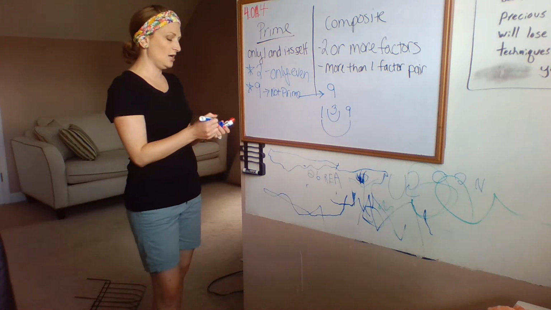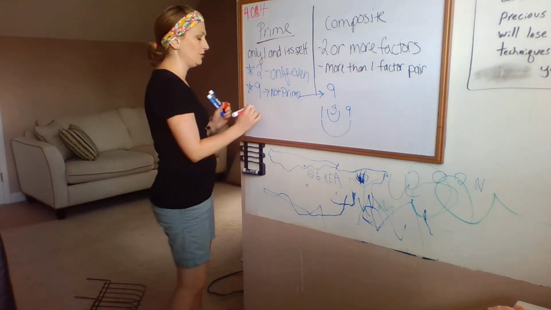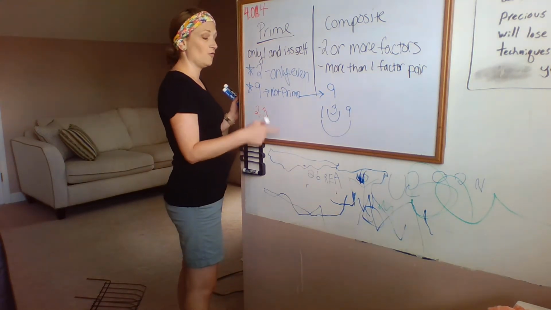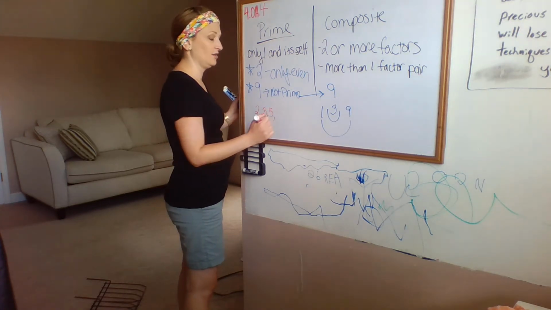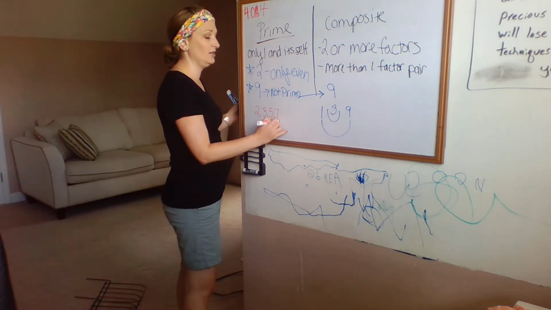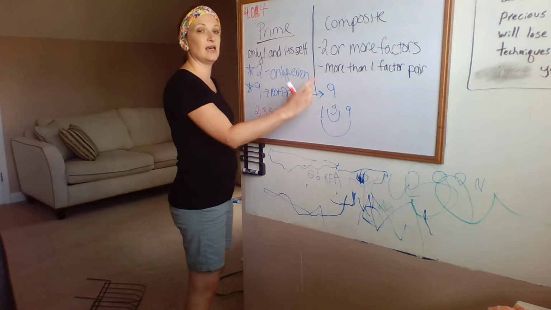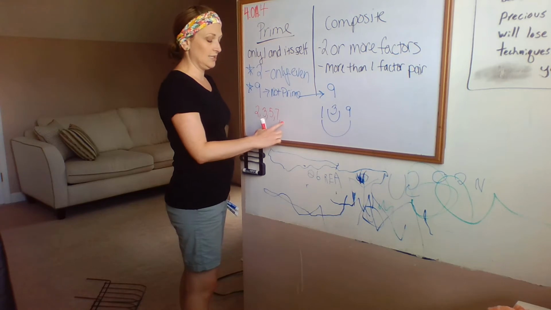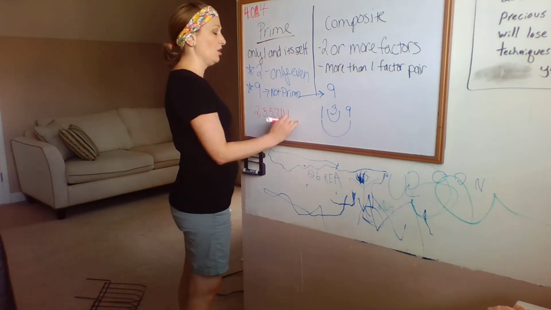But when you list out prime numbers, the first prime number is 2, and then we have 3. 4 is not going to work because it's even, so then we have 5. Even number 6, not going to work. 7, yep. 8, it's even, and then we get to 9. 9 doesn't work because 3 is a factor. 10 is not going to work. 11 is prime. 12 is not going to work. 13.